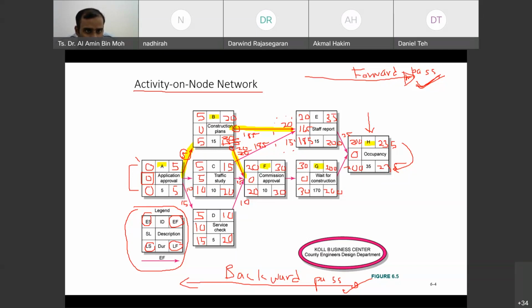So this is mistakenly done. It's not B to E. It's A, F, then G, then H. Okay.